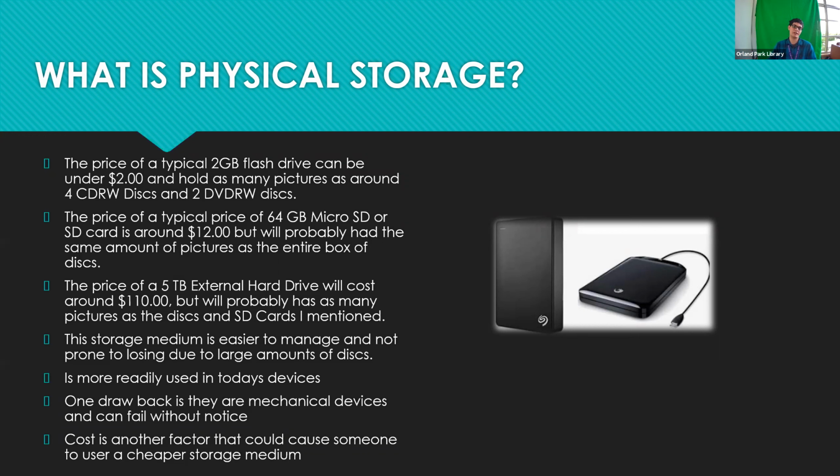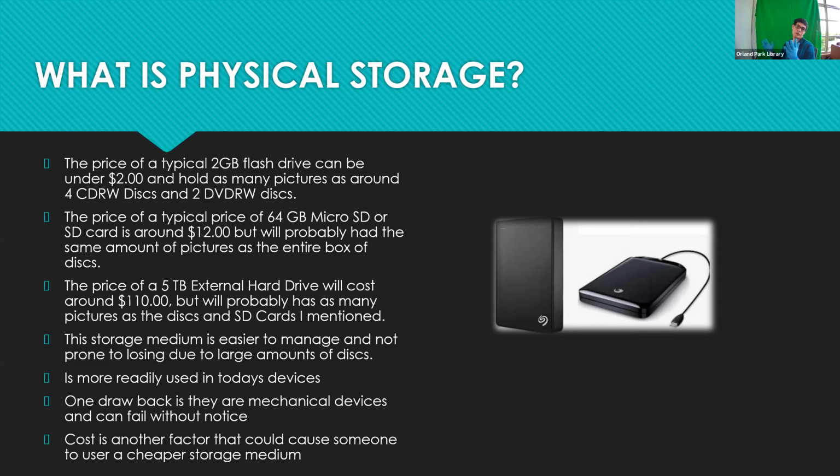I feel like the more common one's going to be either the flash drive or the one that I haven't covered yet, which is the external hard drive. The external hard drive is a type of physical storage that you might think is similar to a flash drive. That's actually a common misconception. What you see on screen, the picture that's on the PowerPoint, is an external hard drive. These are very big. So far I have been talking in gigabytes.